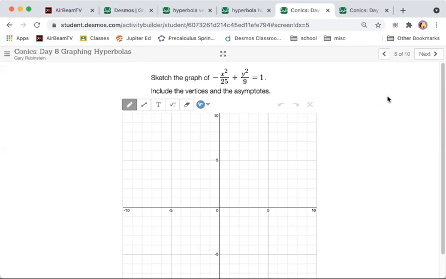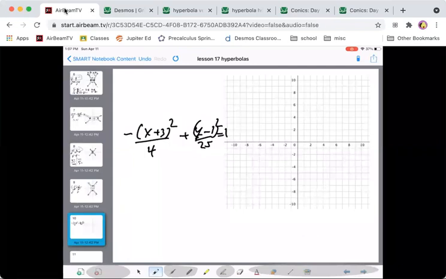Now we can also have shifted versions of that. So if I have negative x plus 3 squared over, I'll just say over 4 plus y minus 1 squared over 25 equals 1. Well, again, this time the center is at negative 3, comma 1. You draw the center, even though it's not officially part of the hyperbola.